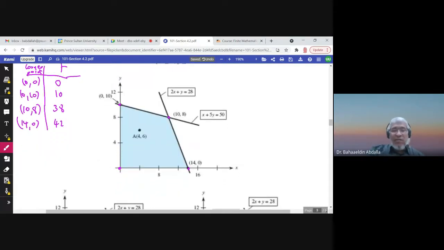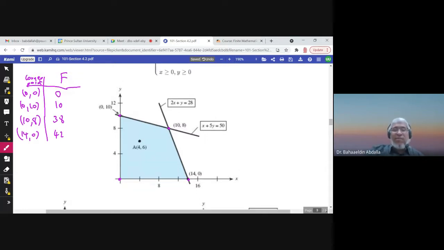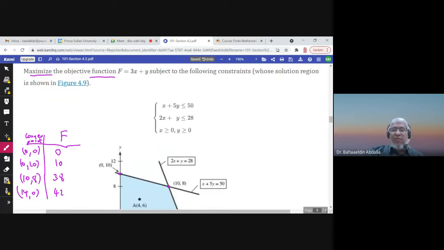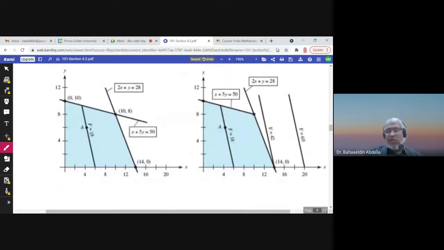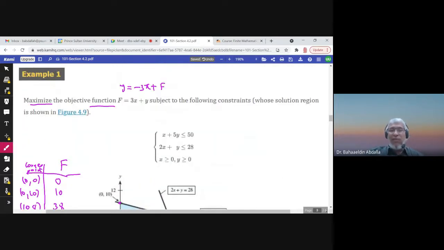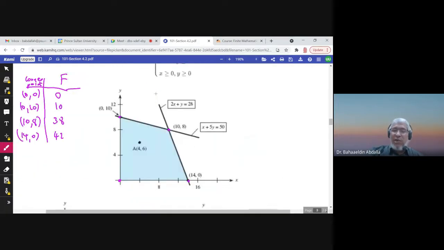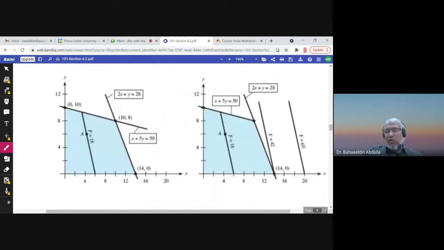So we can find that the maximum value of f is 42, and it happens when x is 14 and y is 0. And this is the line. Notice that all the lines would be parallel because they have the same slope, -3. Only f is different, the y-intercept. So the line that passes by the point (14, 0) will have a y-intercept of 42. We have this line which passes by (20, 0).